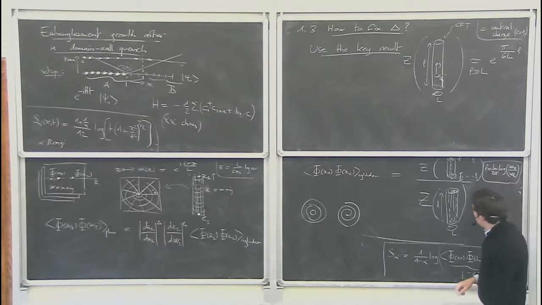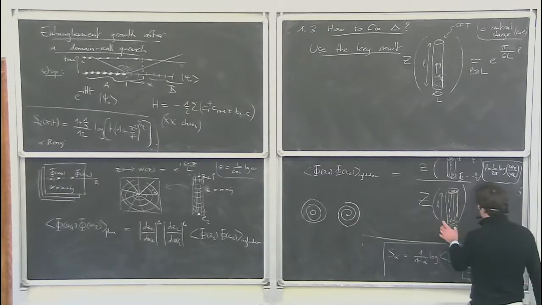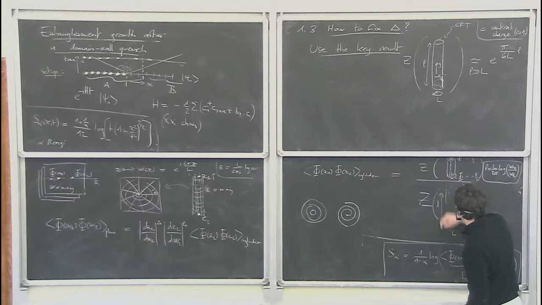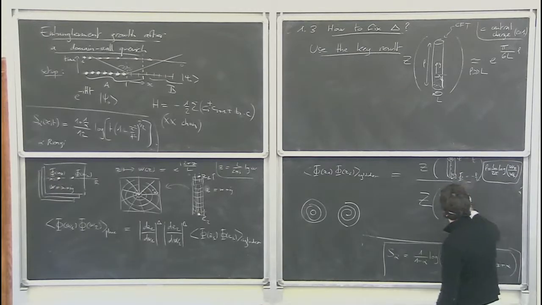And now you see that, in the end, what we have in the denominator is just alpha times the partition function of a single cylinder, because they don't talk to each other. So this is just the partition function of a single cylinder to the alpha.